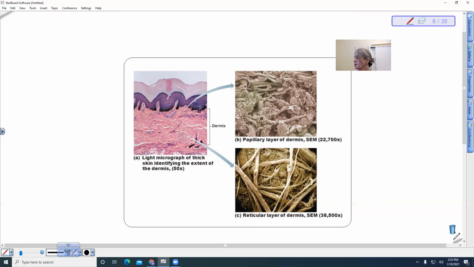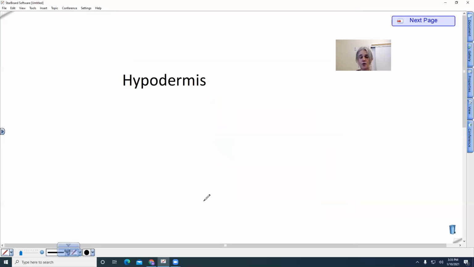So let's talk about the hypodermis. Hypo means below. You'll see this word all the time in your classes, when we talk about hypothermia or hypoglycemia, or hypotonic solutions. So this means below the dermis.